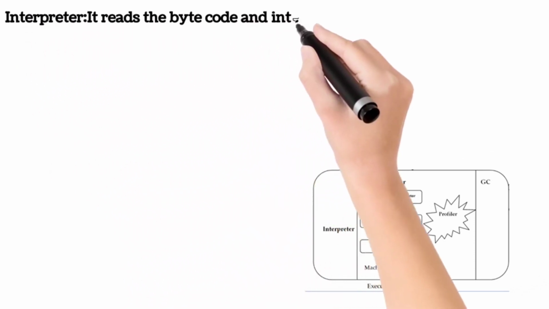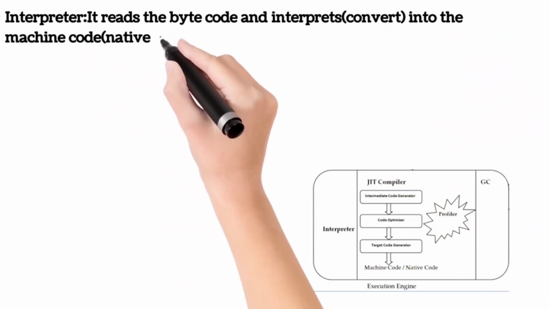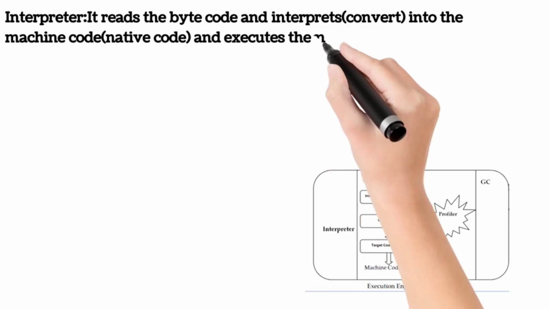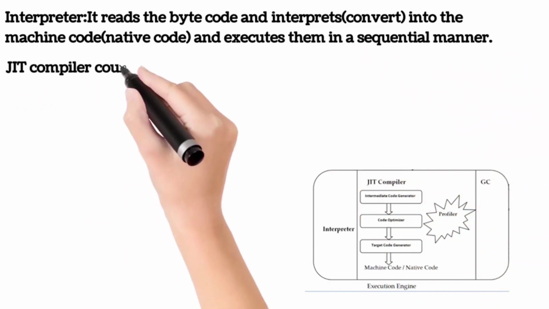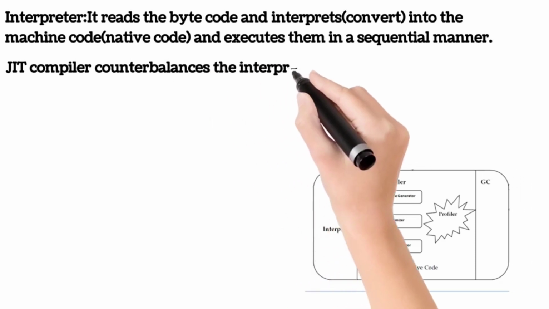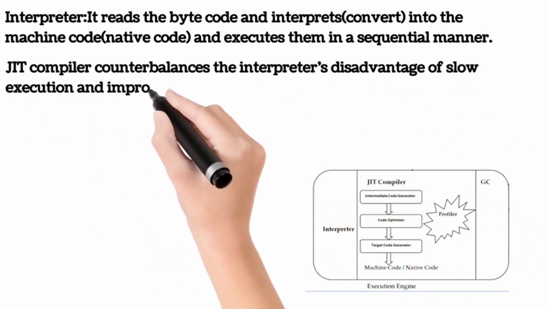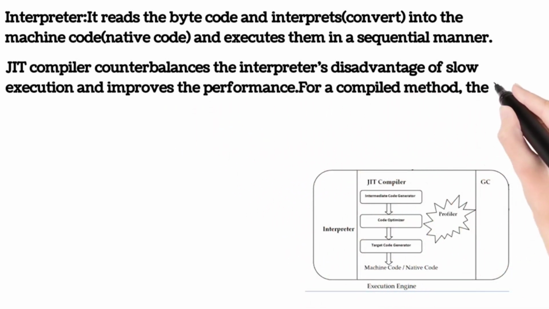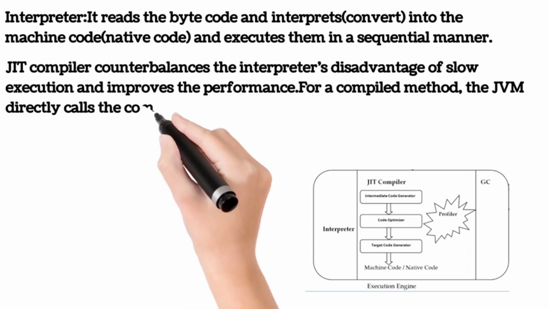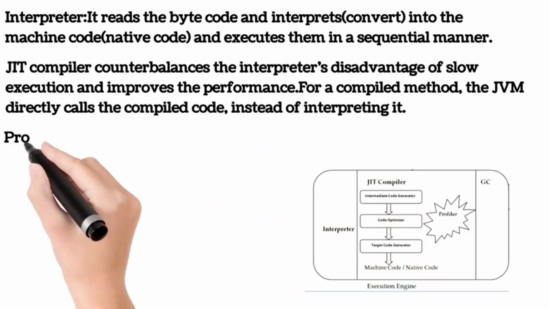It reads the bytecode and interprets it into machine code and executes them in a sequential manner. What is JIT? JIT compiler counterbalances the interpreter's disadvantage of slow execution and improves the performance. For a compiled method, the JVM directly calls the compiled code instead of interpreting it.